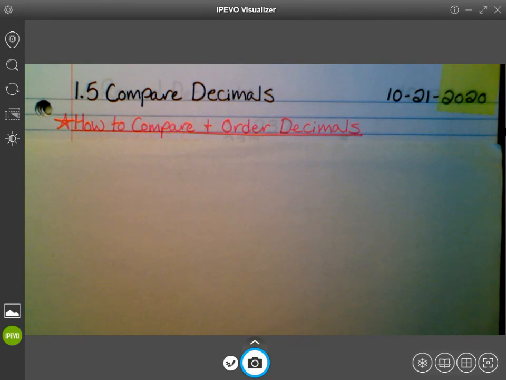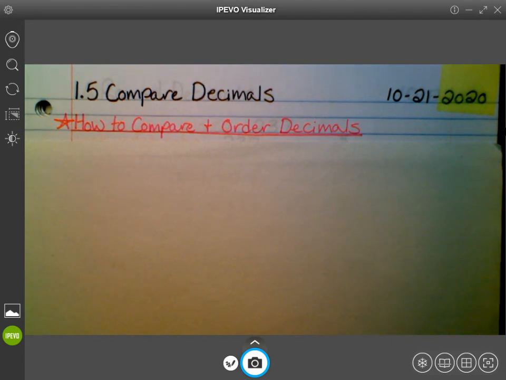And with whole numbers, we're really good at this. But once we get to the right of the decimal place, sometimes we can get a little bit confused. So we're going to practice today. We'll have one example where we go in depth with the steps, then we're going to review the comparison symbols, then we'll have practice problems. That's kind of what we'll be doing on our page today.